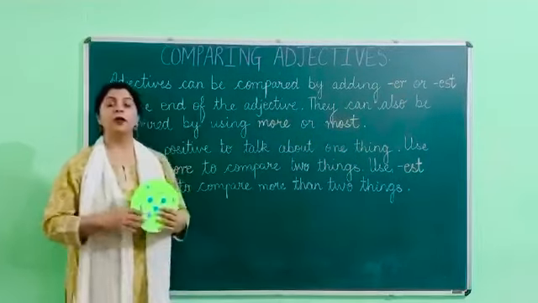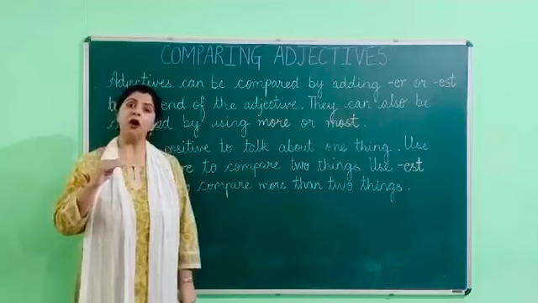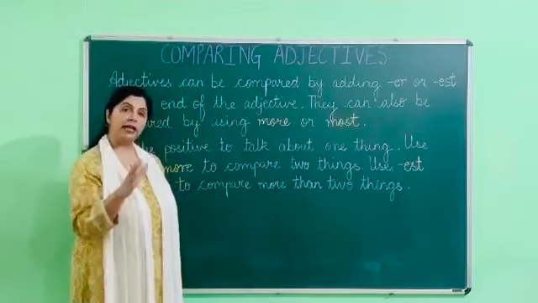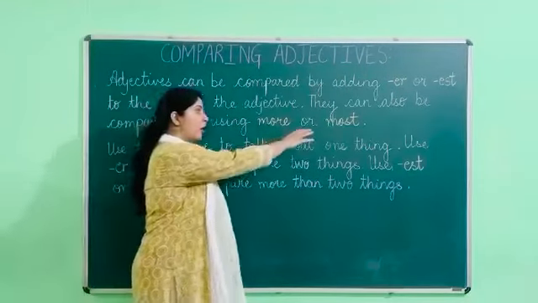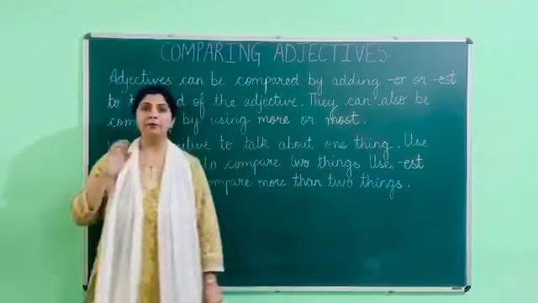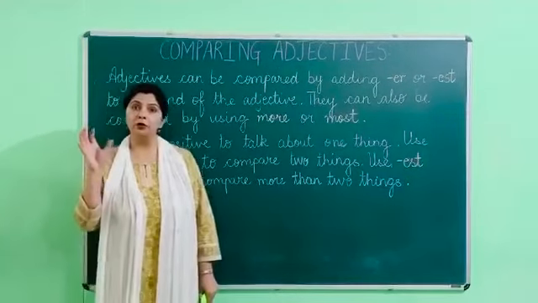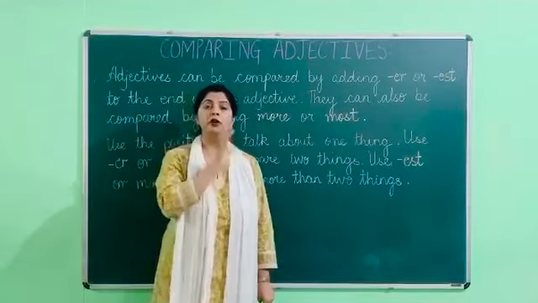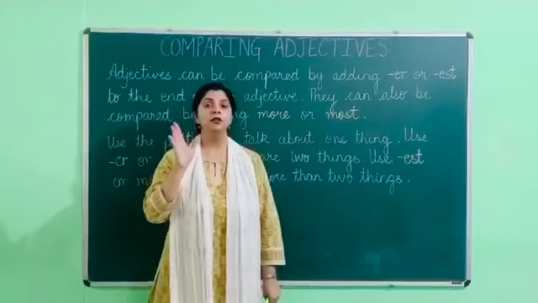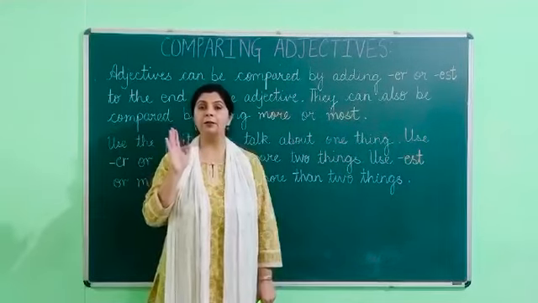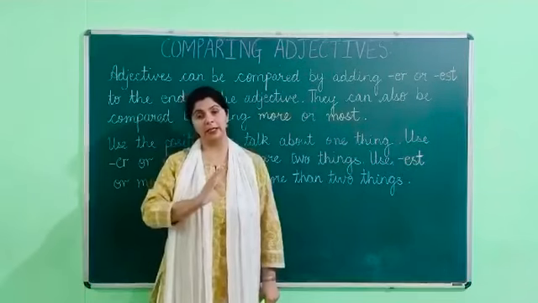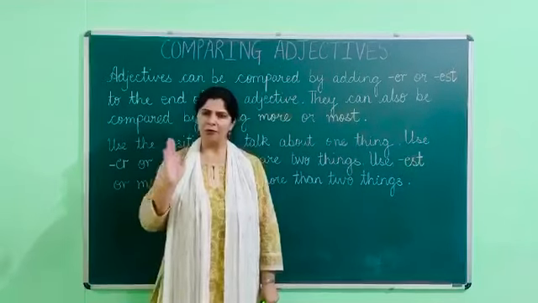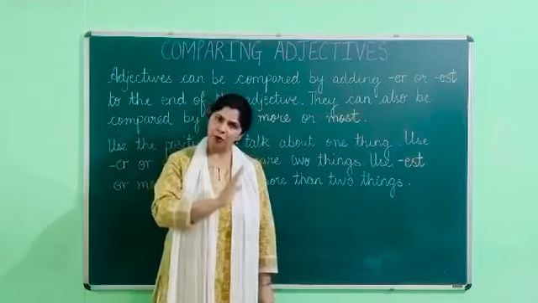But when the word has two or more than two syllables, then you use more or most. Like beautiful, beauty plus full, two syllables here. So you do not make it beautifuler, beautifulest. You use more beautiful and most beautiful.